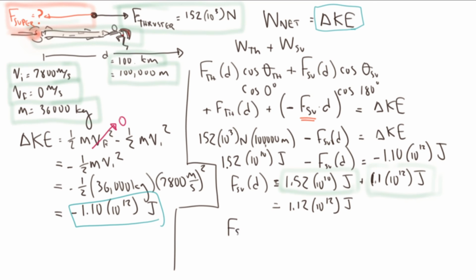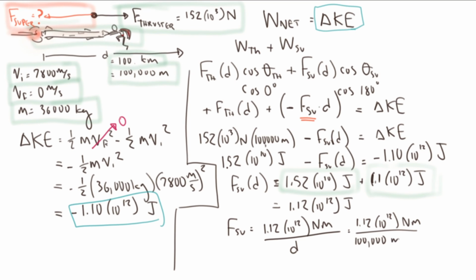So the force that Superman needs to exert is equal to this term, 1.12 times 10 to the 12th. And remember, a joule is a newton meter. And then we're dividing by D. So that's 1.12 times 10 to the 12th newton meters divided by the displacement, which is 100,000 meters.